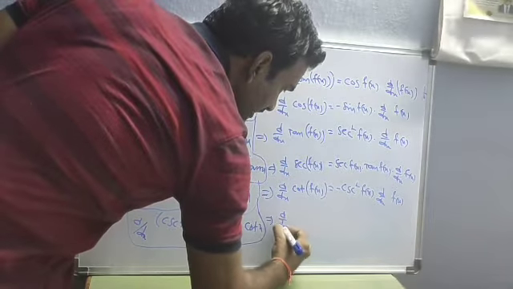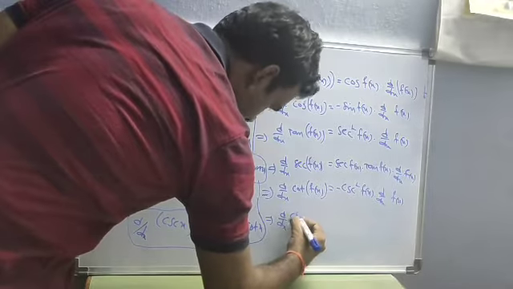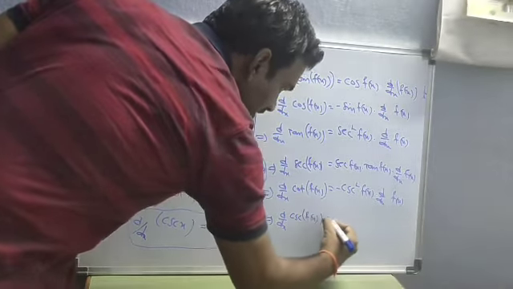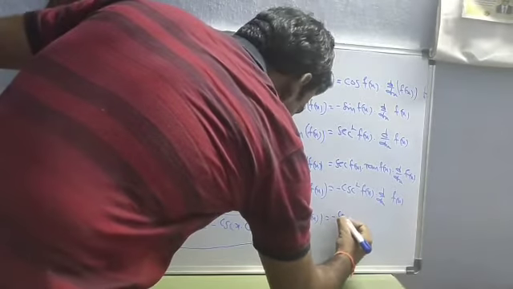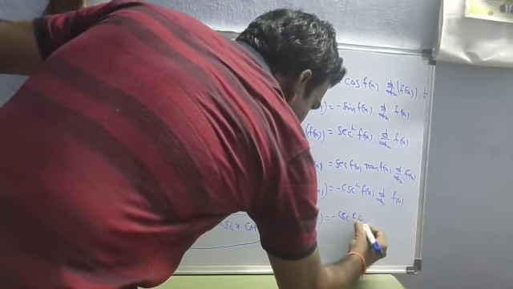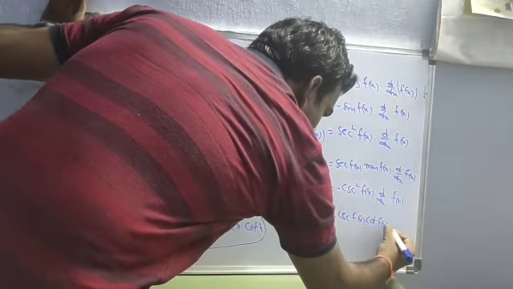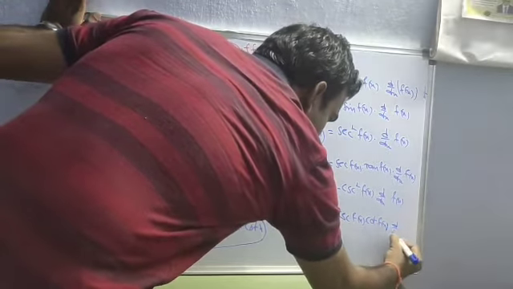Last one, d by dx of cosecant of f of x equals minus cosecant of f of x into cot of f of x into d by dx of f of x. Don't forget this.